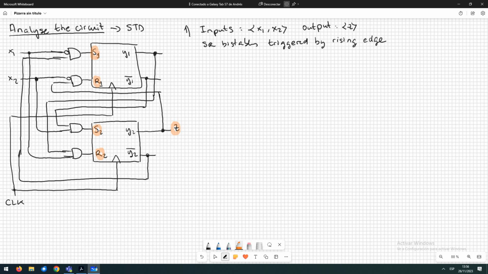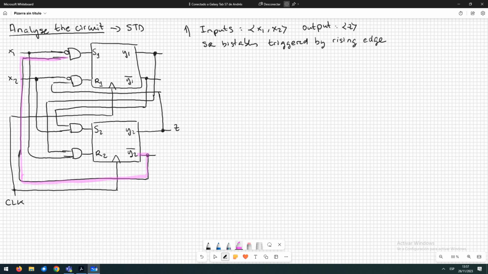This is quite confusing because we have a lot of cables. I suggest you use colors. I normally use color because it helps me to identify the path. So for example, here in this AND gate, what we have is the negated output of the second SR bistable.